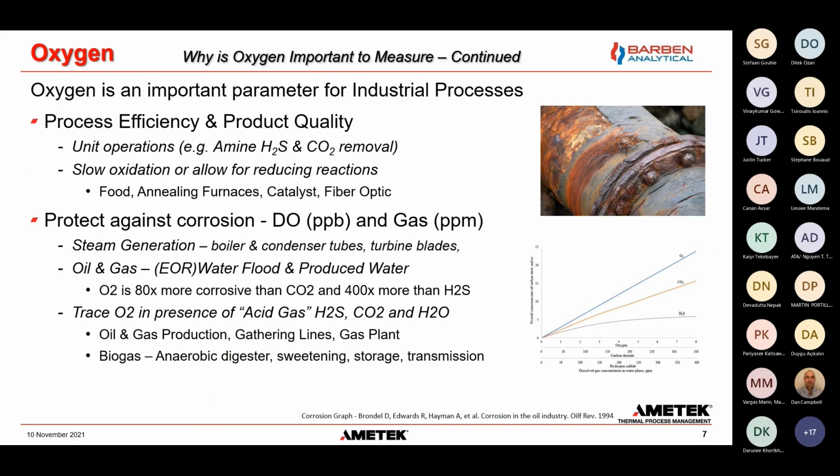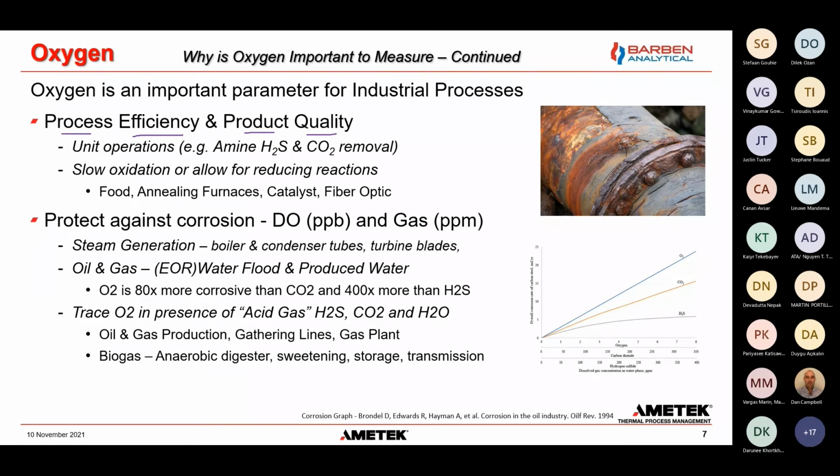It's also very important for process efficiencies and product quality, such as unit operations. For example, an amine unit: amines are used to scrub or sweeten, meaning H2S and CO2 removal, from LPGs or natural gases or those types of products.